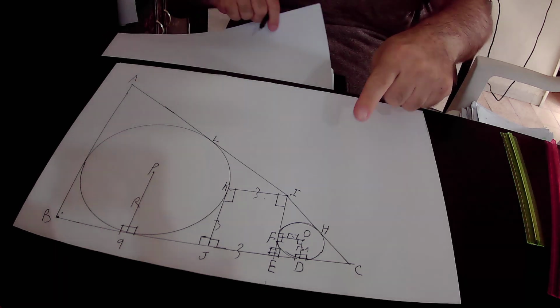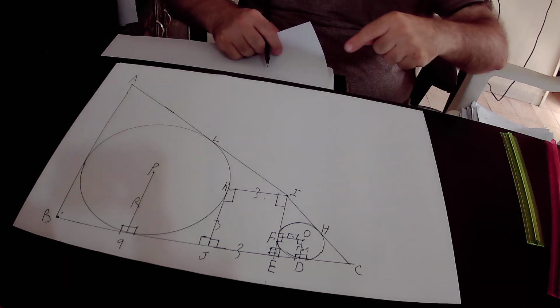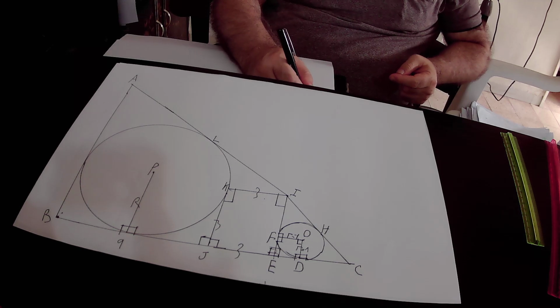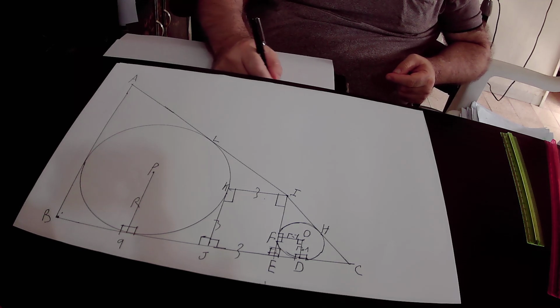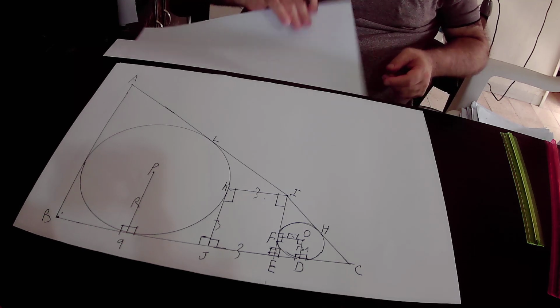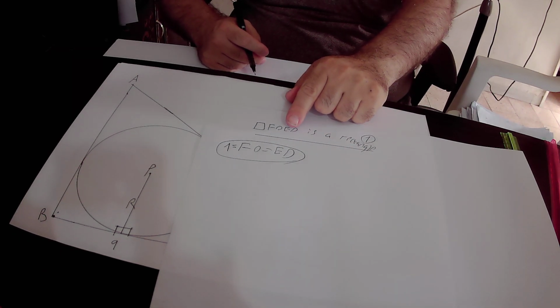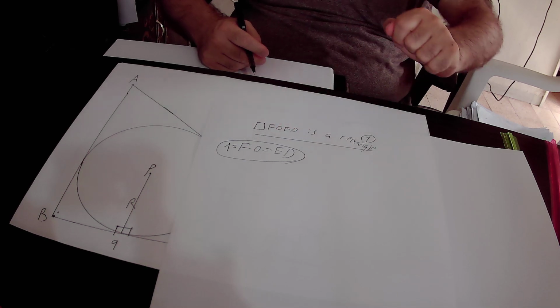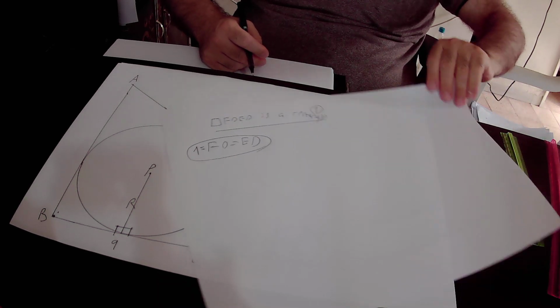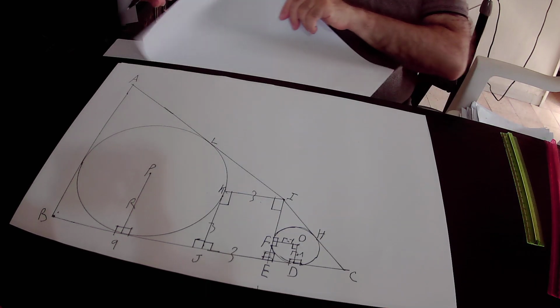But FO is the radius of the circle that is equal to 1 unit. So I can write here FO equals 1. And from this equation, 1 equals FO equals ED, we derive that ED is also equal to 1 unit.